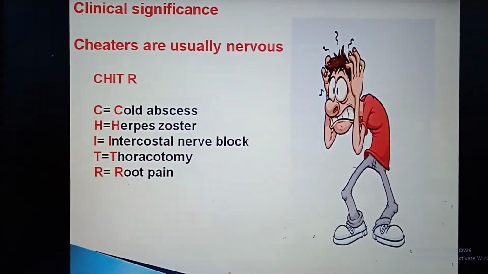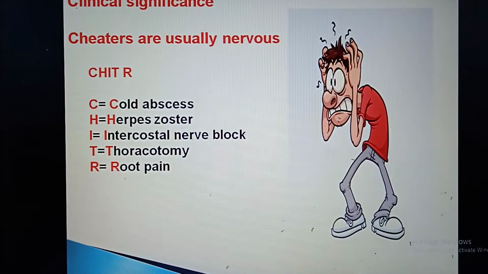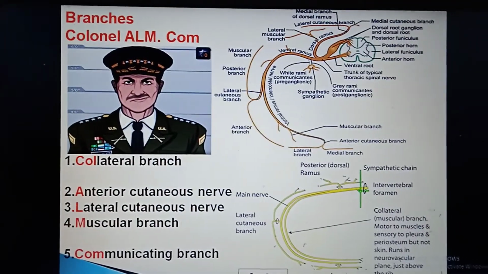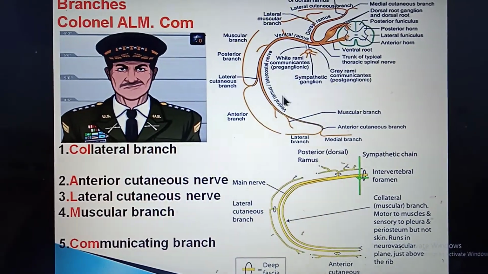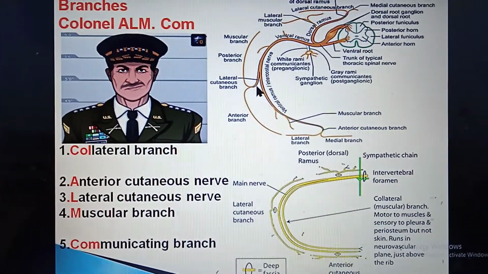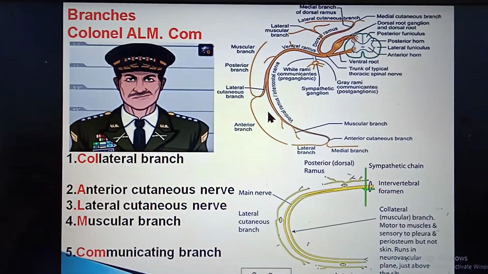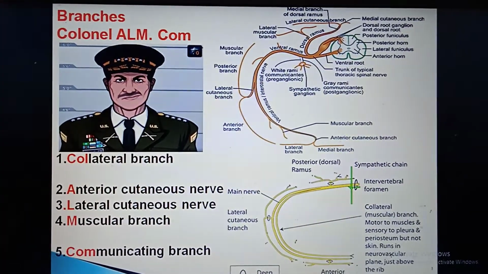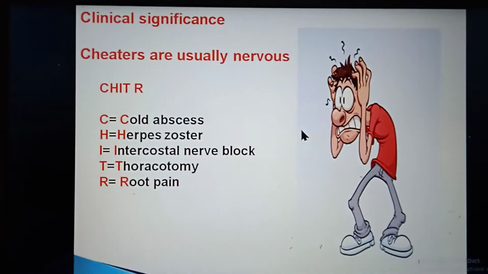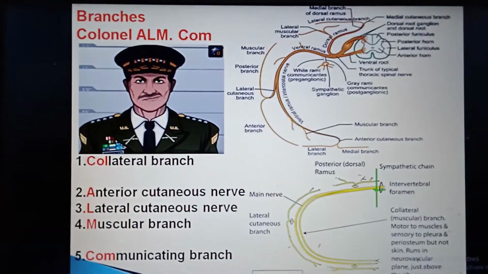Now the other one is thoracotomy, in which we enter the thoracic cavity through a hole, and it is done in the 6th intercostal space, at the level of the upper border of the rib.